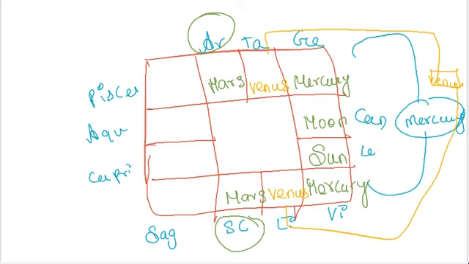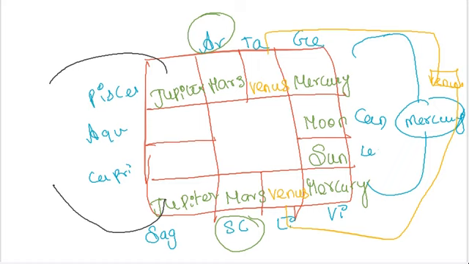Okay, then after Mars you just remember Jupiter. Here also Jupiter, here also Jupiter. So these two houses, the ruler of Sagittarius and the ruler of Pisces, is nothing but a Jupiter.